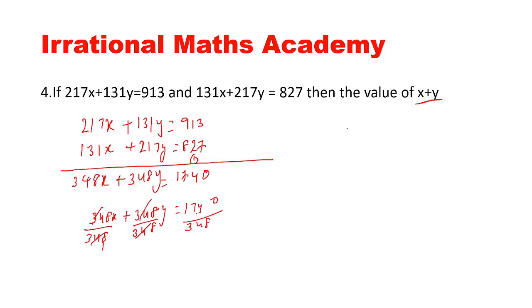If I multiply 348 with 10, what will I get here? 3480. So 348 into 10 is 3480. 348 into 5, if I multiply, what will I get here? 1740. Otherwise, you can divide it, no problem.